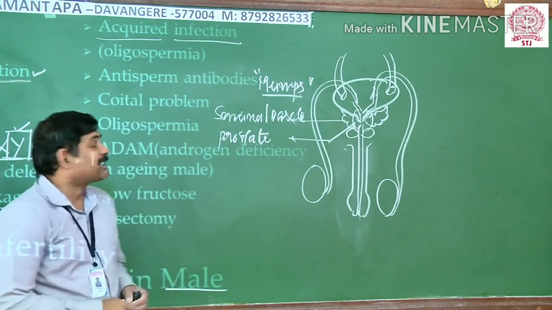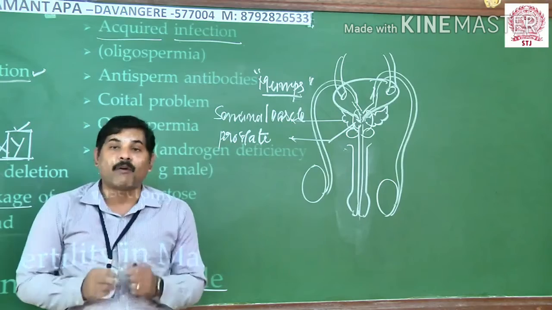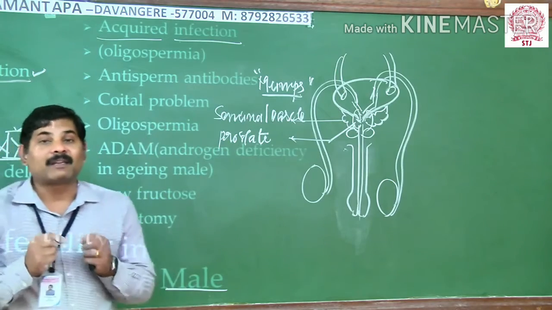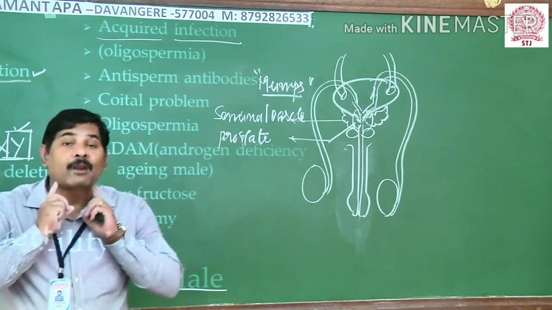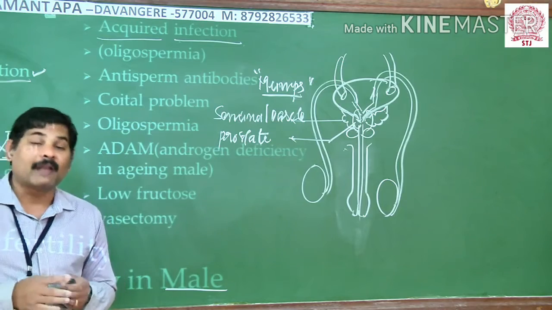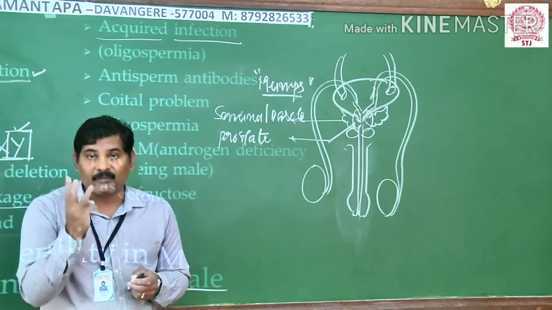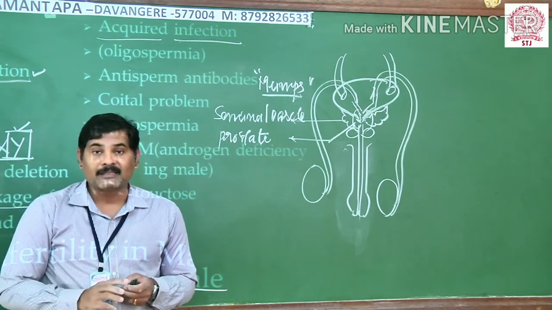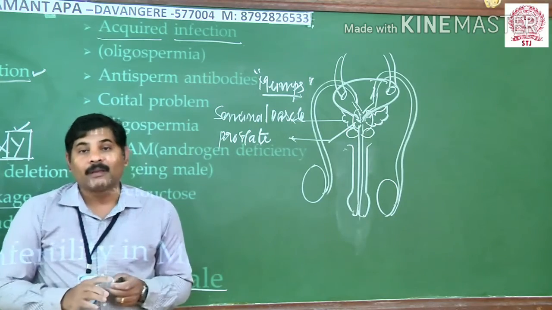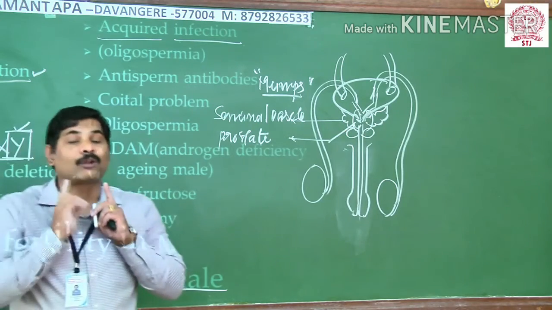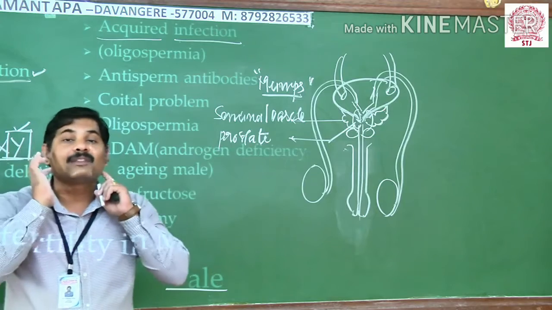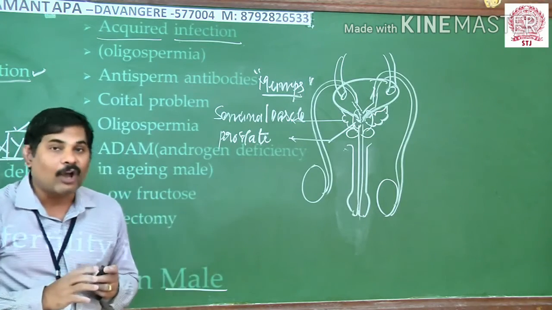Myxovirus parotidis is the name of the virus, and this virus particularly infects your parotid salivary glands. In your digestion topic you might have studied the three varieties of salivary glands, and among them one type is the parotid glands, which are present just underneath your ear at your jaw region.